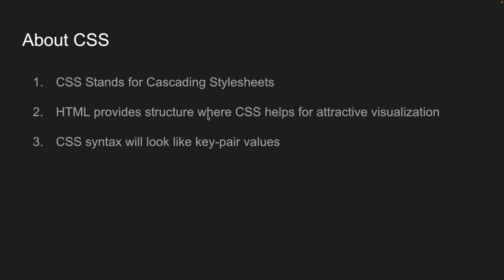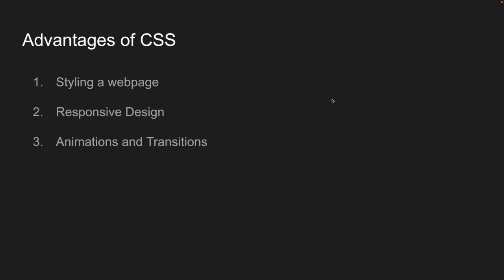So let's understand what the advantages of using CSS are. As I mentioned, we can use it for styling a web page and also for responsive web design. For example, the browsers we are using can run on different sizes of desktops and monitors.